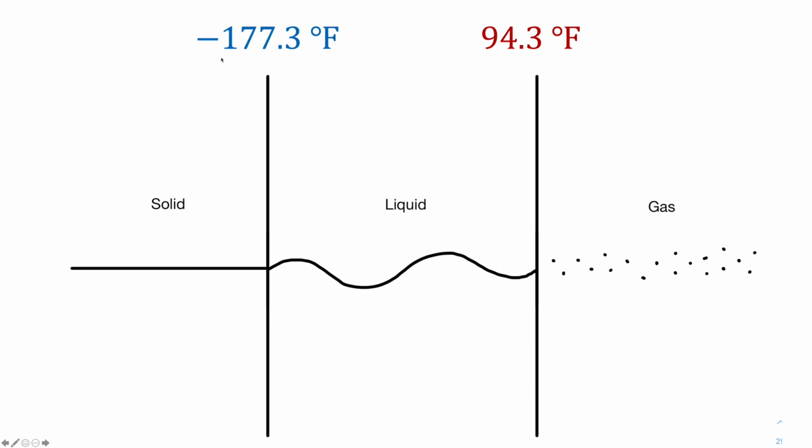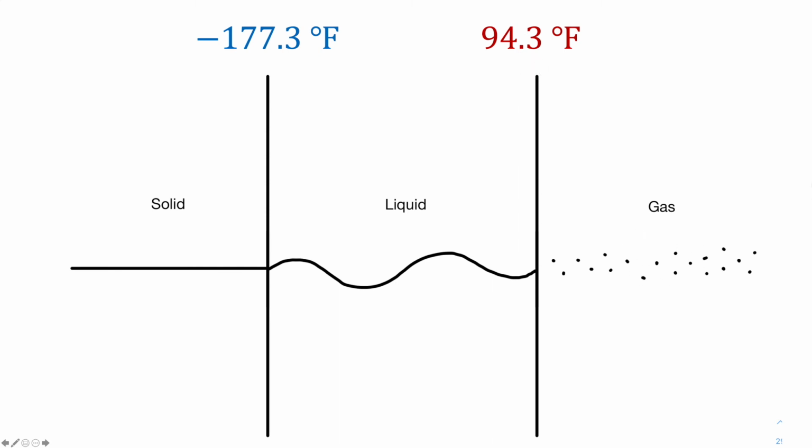If you heat it above that, between negative 177.3 and 94.3 degrees Fahrenheit, diethyl ether will be a liquid. Notice that includes room temperature. And above 94.3 degrees Fahrenheit, diethyl ether will turn completely into a gas.